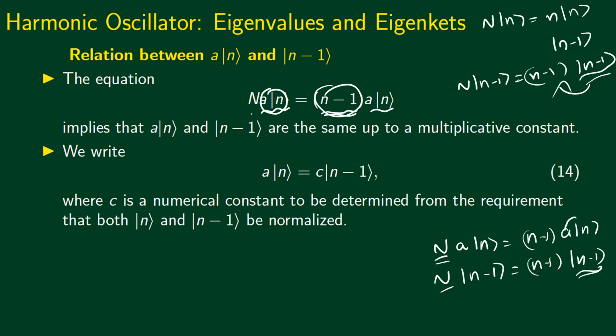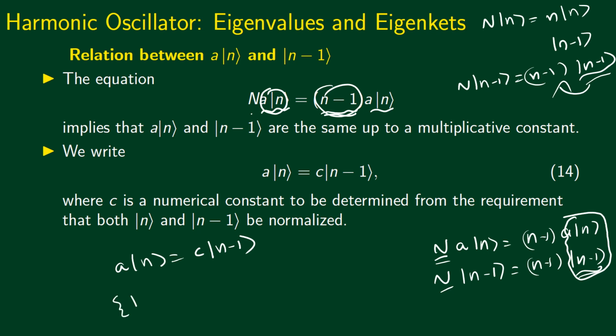So these are eigenkets of operator n corresponding to the same eigenvalue, which means that they are the same up to a multiplicative constant. So we can write A ket n has to be something like a multiplicative constant c multiplying ket n minus 1. Here c is some numerical constant, generally a complex number, that has to be determined from the requirement that both ket n and ket n minus 1 are normalized.